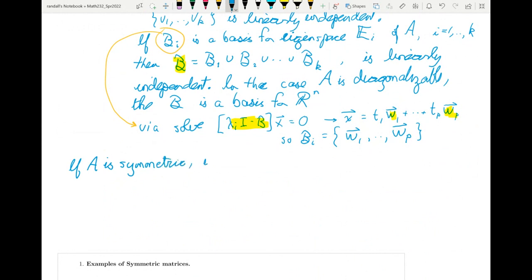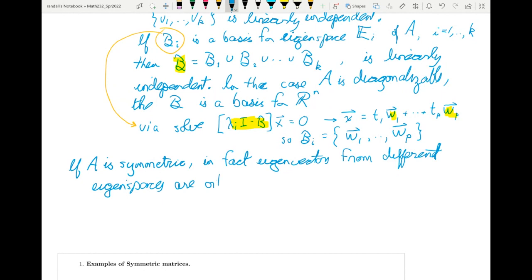In fact, eigenvectors from different eigenspaces are orthogonal.